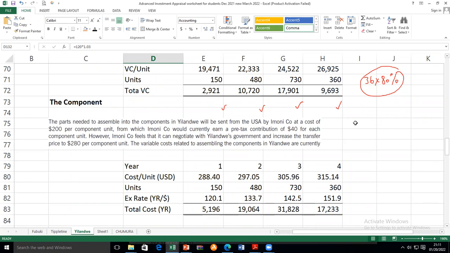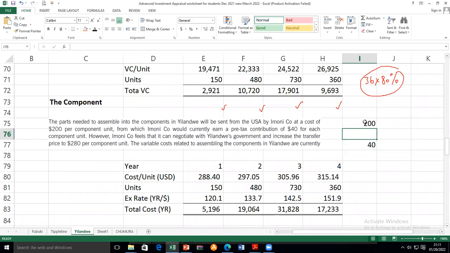So before inflation, it was 200 and they were earning a contribution of 40.